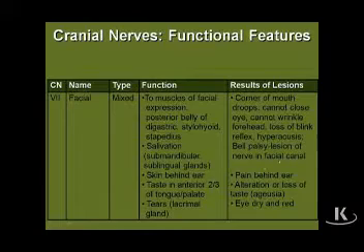So in terms of clinical anatomy, a classic lesion of the facial nerve produces what is known as Bell's palsy. And that typically is the result of a lesion that occurs somewhere inside the temporal bone in the facial nerve.